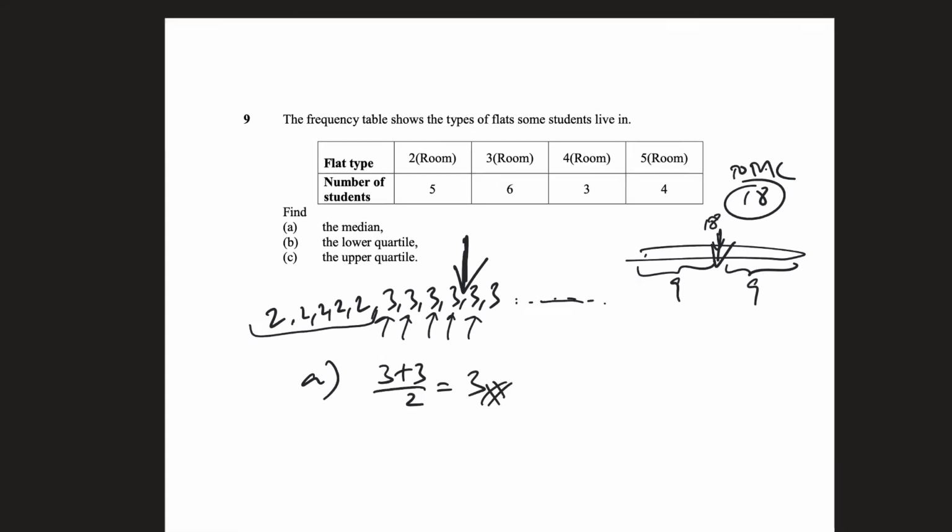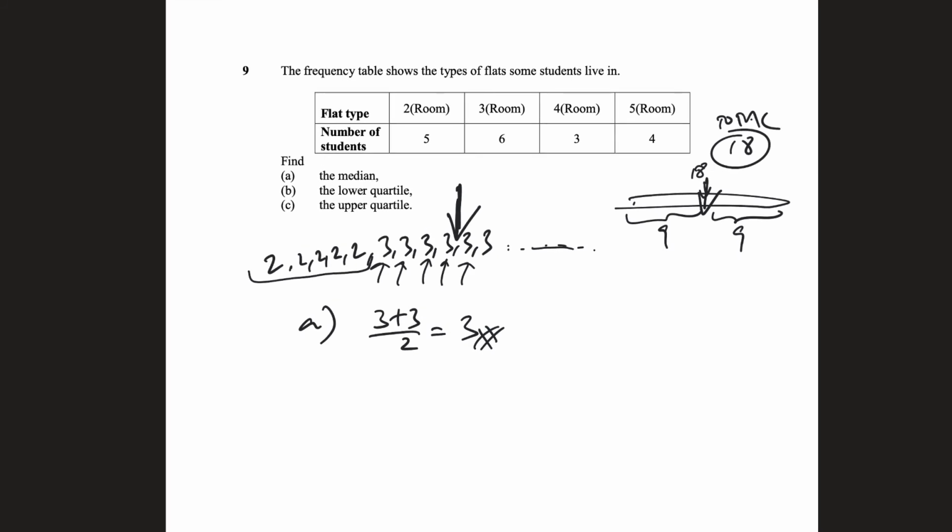And now let's try to find the lower quartile. The lower quartile, basically, we just take the bottom half. So since we've already written it out, let's do that, the bottom half. And we see that there are supposedly 9 points. So the middle of it is going to give me 4 points on each side, and there's 1 point that I pick. That's why 4 plus 1 plus 4 gives me 9.